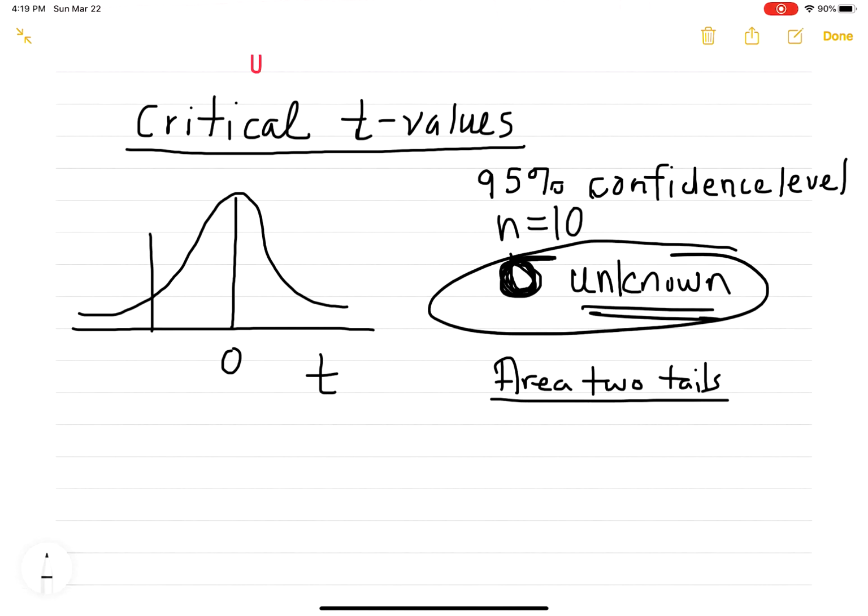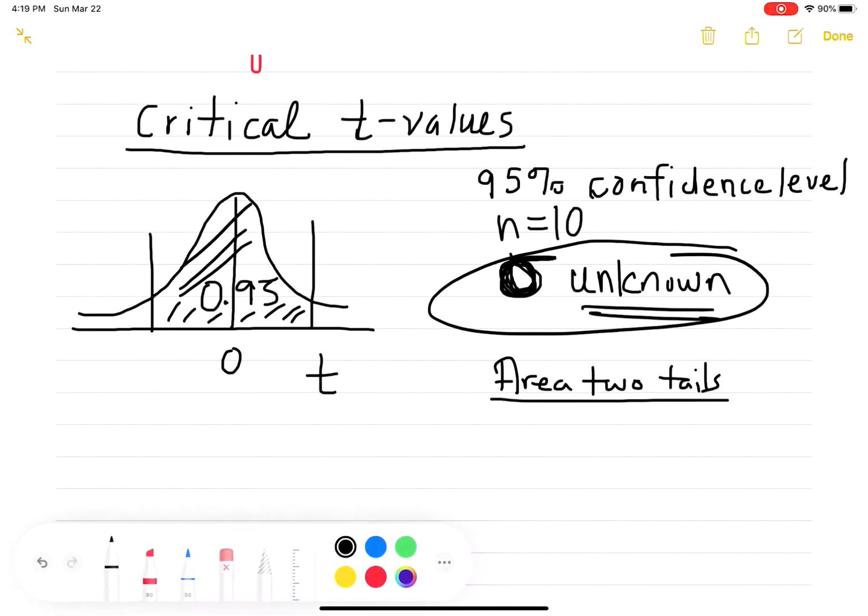So here in the center, we have 95% of the scores. We're going to call that 0.95. So think about how much you have in your two tails. Well, out here is what we have in the two tails. We call that alpha.